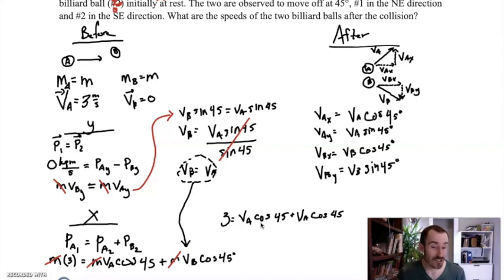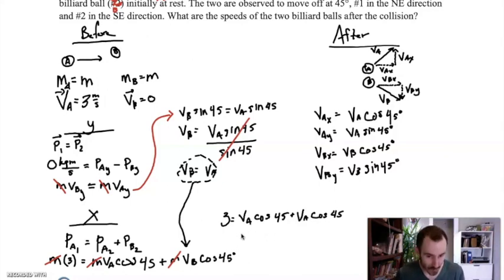So this is just 2 VA cosine 45, right? We can put together their coefficients because they're the same variables. So VA cosine 45 plus VA cosine 45 is just 2 times VA cosine 45.